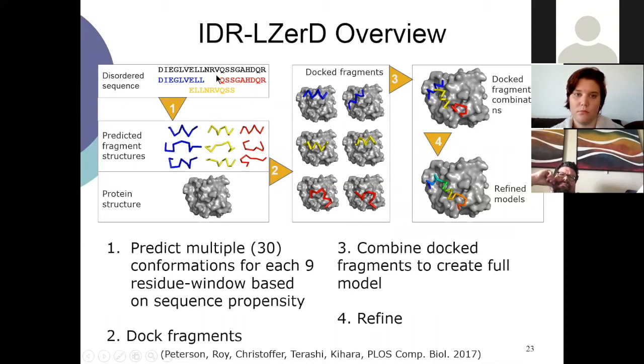For the disordered protein, I cut the sequence into pieces, in this case 9 residues long, overlapped by 3 residues, predict the fragment structures, dock them separately, and then connect them. Here the blue, yellow, and red regions have their structures predicted separately, and then I dock each of them individually, and finally try to connect them on the receptor protein surface.